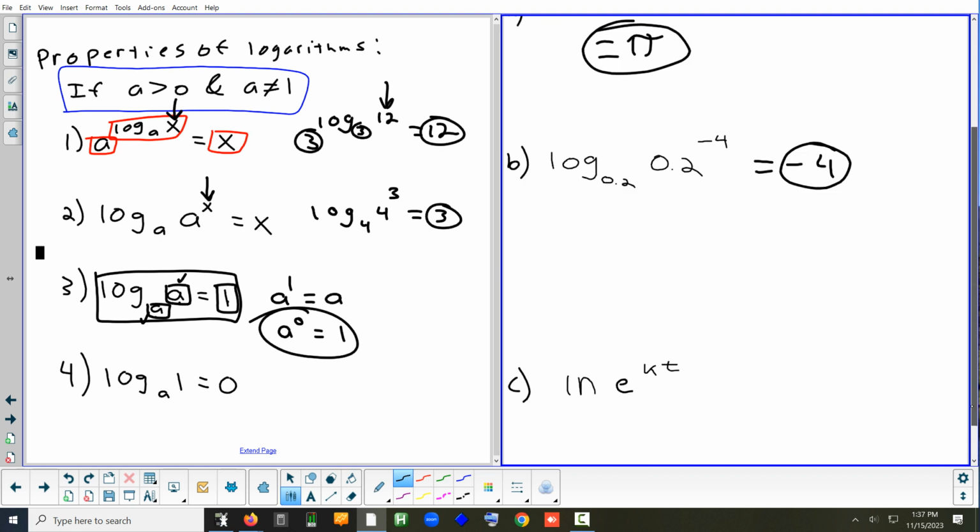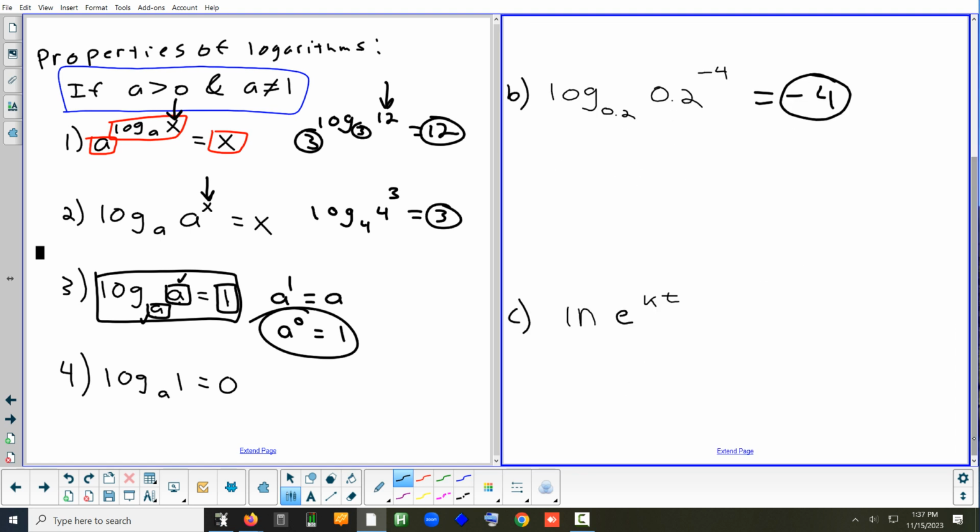Okay, how about this one? The ln of e raised to the kt. It's a little tricky. And a hint would be, think about what ln means. What is ln an abbreviation for? Natural log. So it stands for natural log. How do you write it the long way? Log with the base of e.